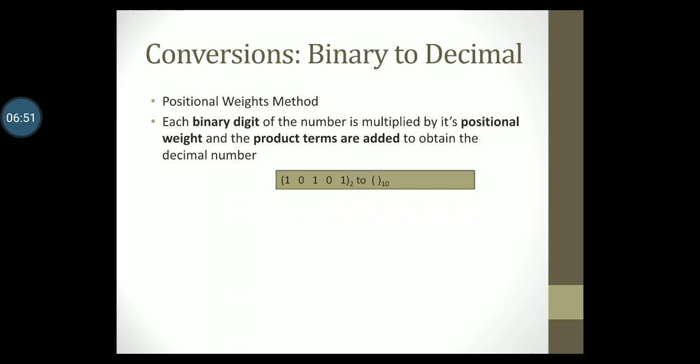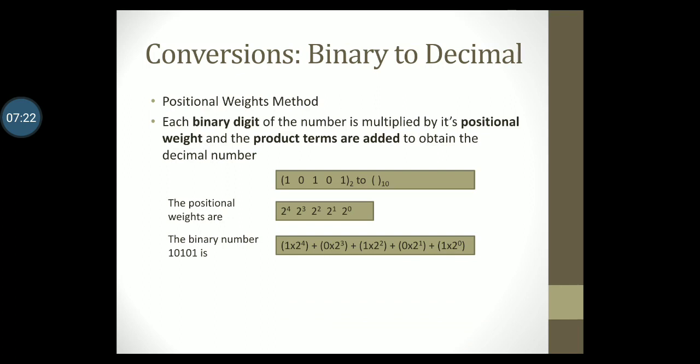For example, let us take the number 10101 to the base 2 and convert it to decimal, whose base is 10. The positional weights of the binary number 10101 are 2 raised to 4, 2 raised to 3, 2 raised to 2, 2 raised to 1 and 2 raised to 0. Thus, the binary number is multiplied by the weights as follows and the product is added.